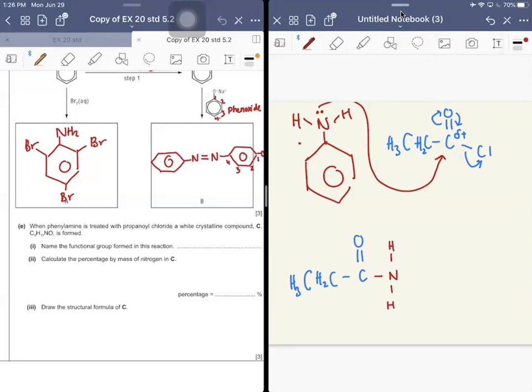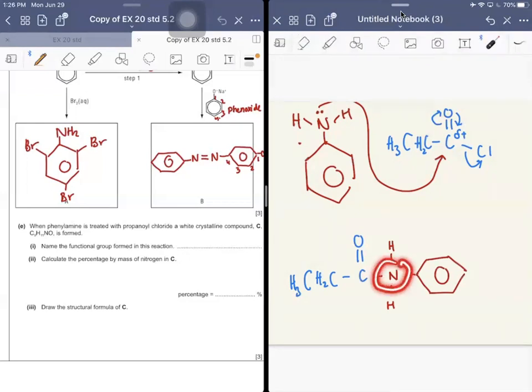That's why you have to be careful with your drawing. At the moment, I'm just going to leave it like that. Now, if you notice, this nitrogen has 4 bonds. That means one of the bonds has to be broken, and that happens to be the NH bond. So this is the product that you will form.